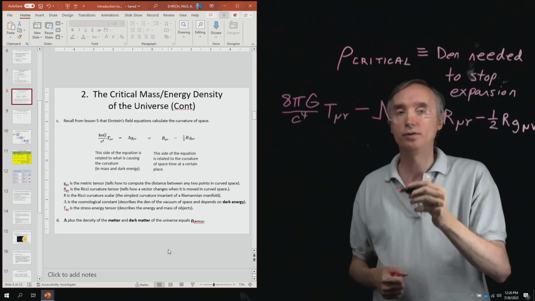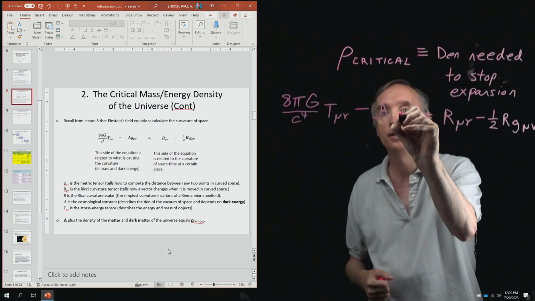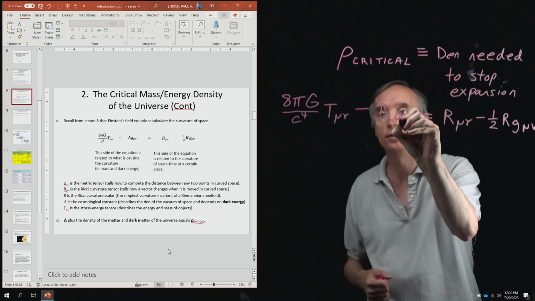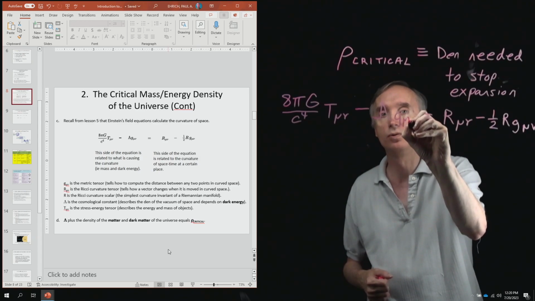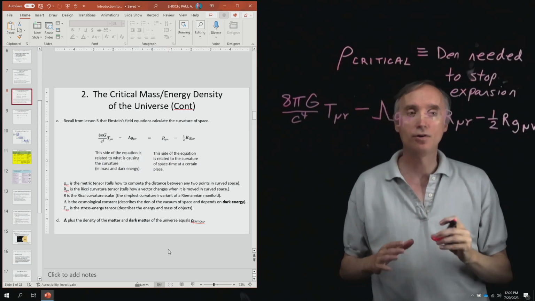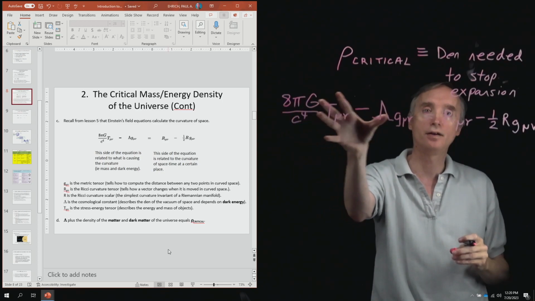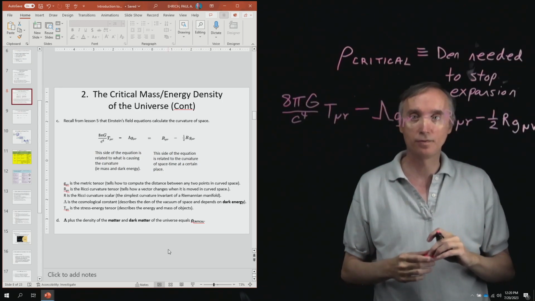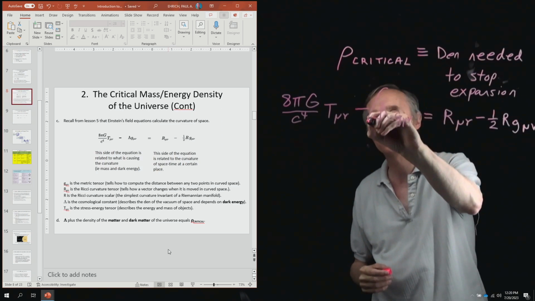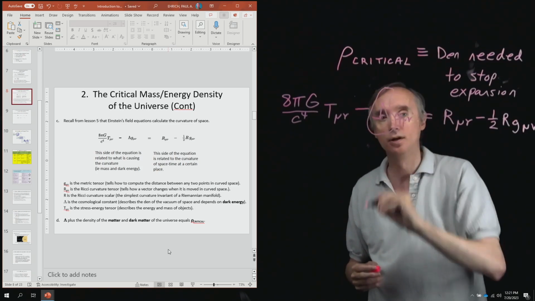This would be a fundamental constant of nature, and this term here is another tensor, which makes the whole equation work. Now, you don't need to know the names of these various pieces of the formula, with the exception of this one right here.